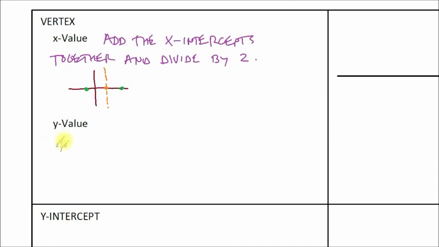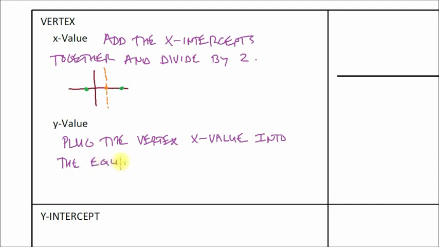And then we find our y value like we always find our y value of our vertex. We're going to plug the vertex x value into the equation and solve for y.